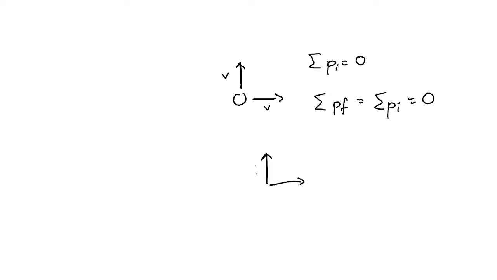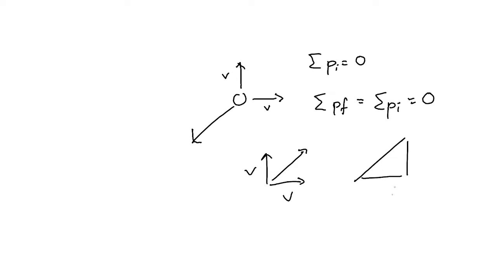So the resultant vector is going to look something like this, which means that the 3rd particle is going to have to move directly opposite to that resultant vector, with a separate speed. If we add these together, this is VV. So this is basically a right triangle, a 45, 45, 90 triangle.